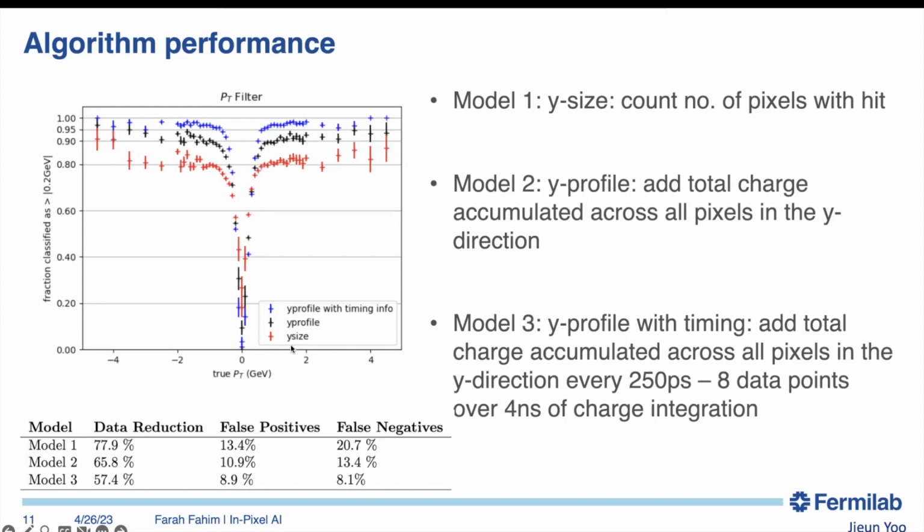Then we gave the algorithm a lot more information by giving it this Y profile, which basically means that along with the size information, it also had 2-bit charge information available. So we basically had four regions, or 2 bits, to tell us how much charge was deposited inside the pixel.